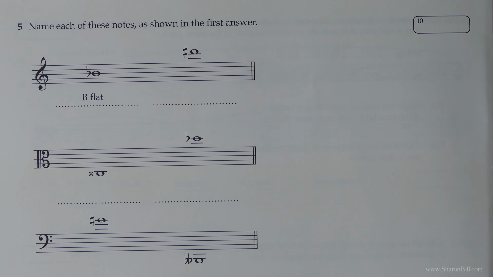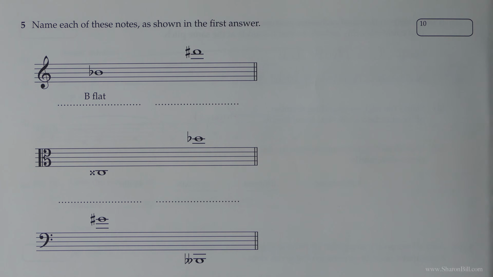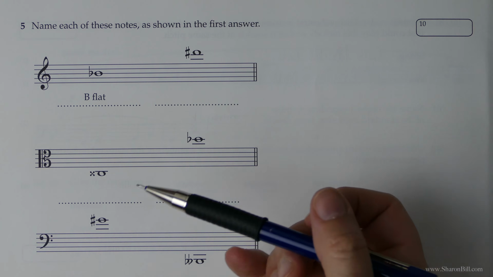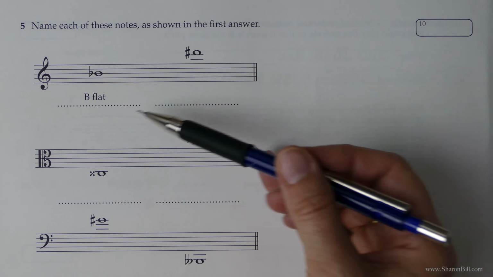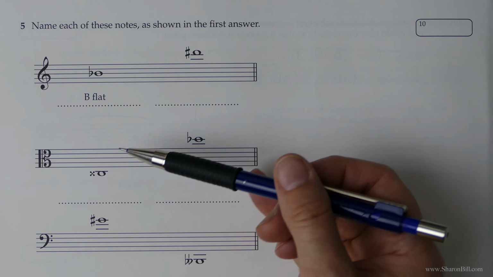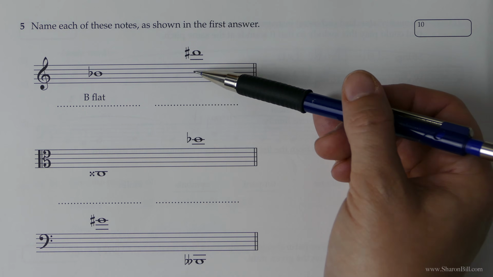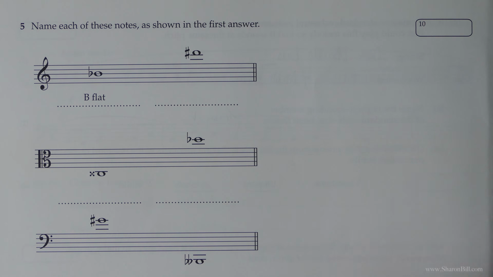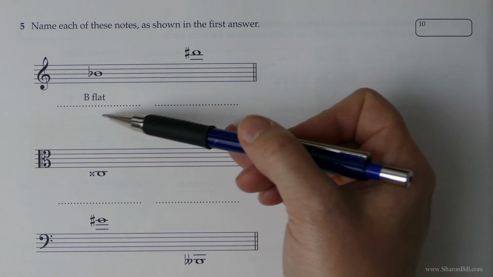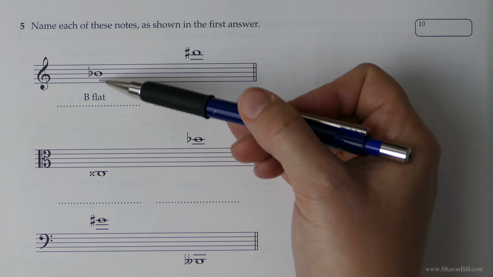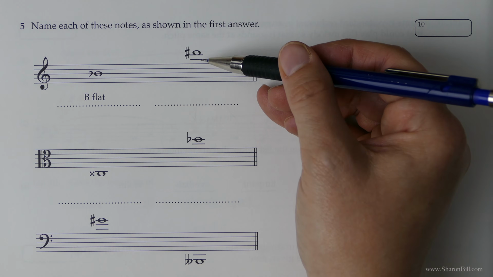So this is literally just reading notes in the various clefs. And so sometimes if it's a bit out of your usual territory, then I suggest that you just count down an octave and then you're in more familiar ground that you can work the note out from. So we're in treble clef here. They've given us this first one just to show us what they're after. And so now we need to name the note for this one.